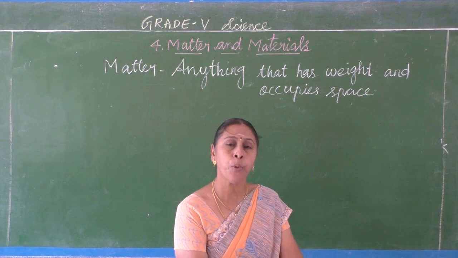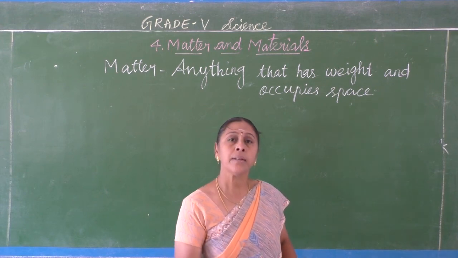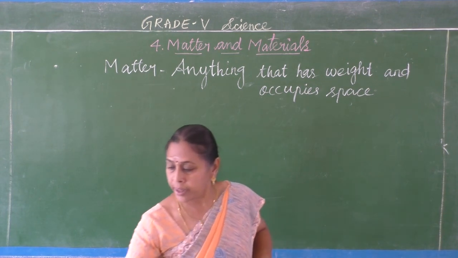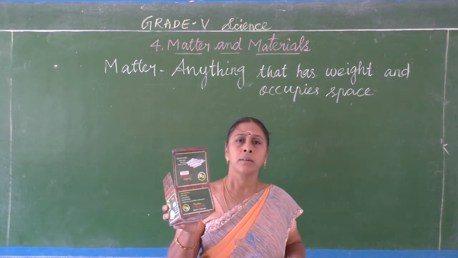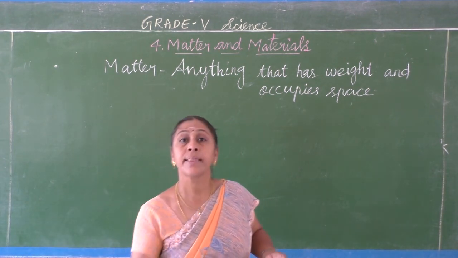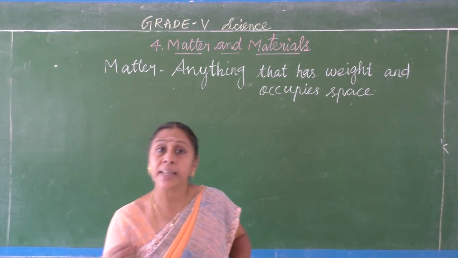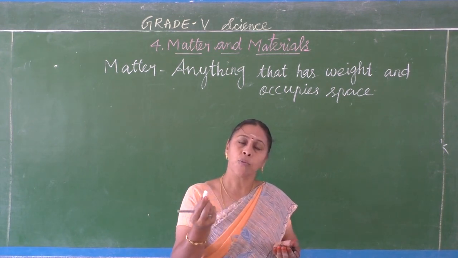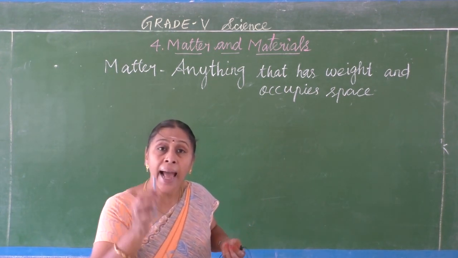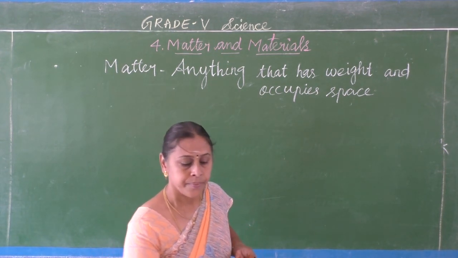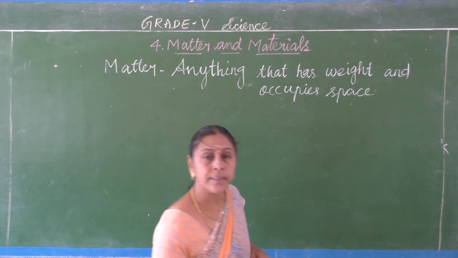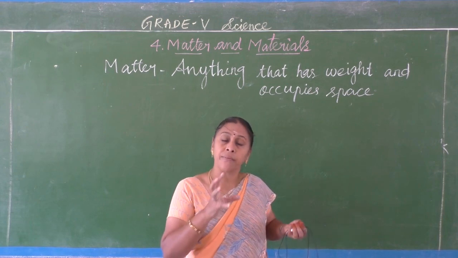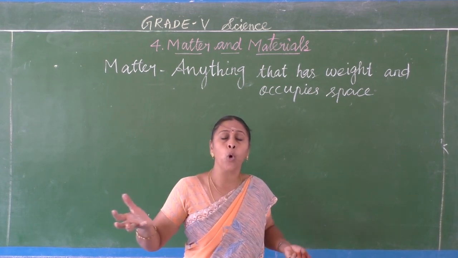So even the book or notebook, the chalk piece, then whether it is a box, whatever it is that has weight, even a small pen or pencil, chalk piece, whatever it is that has weight. Even if it is small, the weight is very less or more.